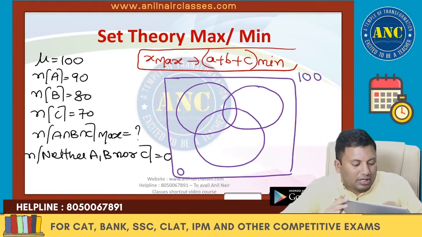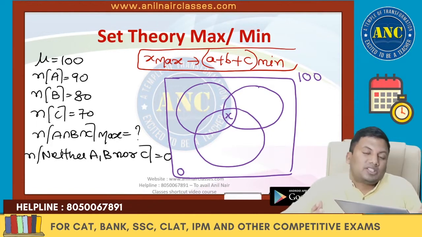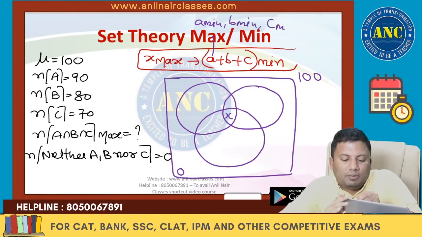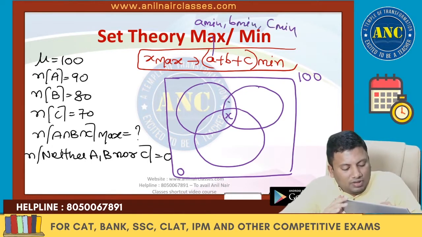This is nothing but 0. This is X. A plus B plus C minimum means A should be minimum, B should be minimum, and C should be minimum. So this will be 0, 0, 0.